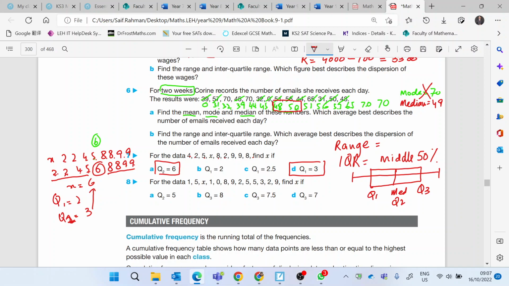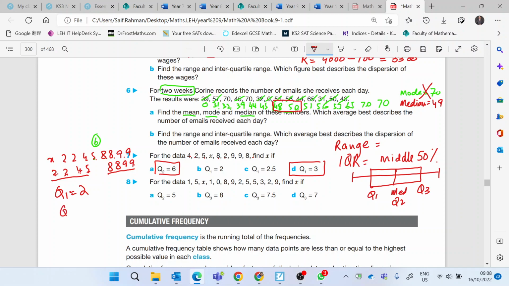Q1 is 2, that means out of the 8 numbers, how can it be 2?